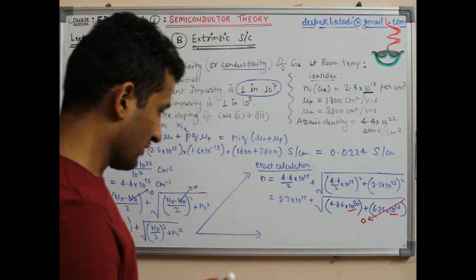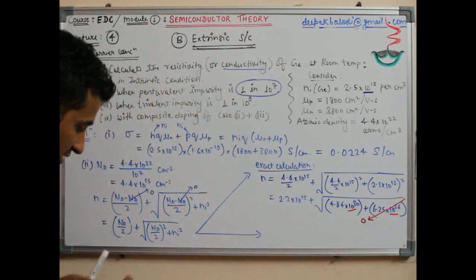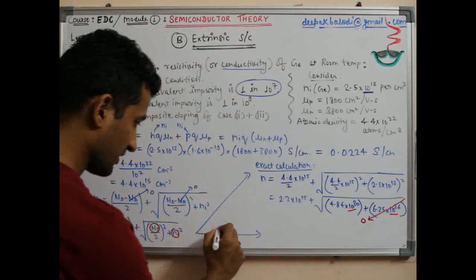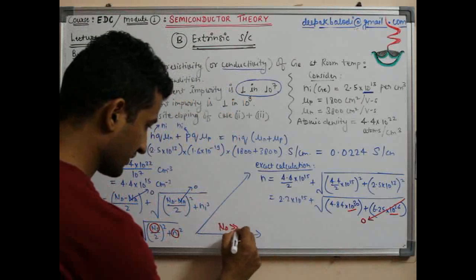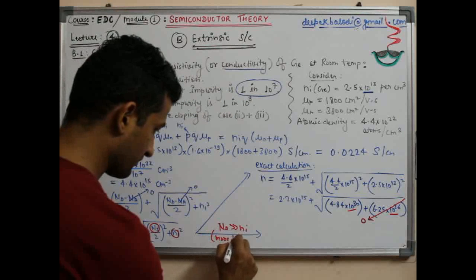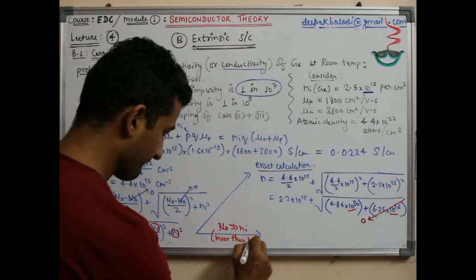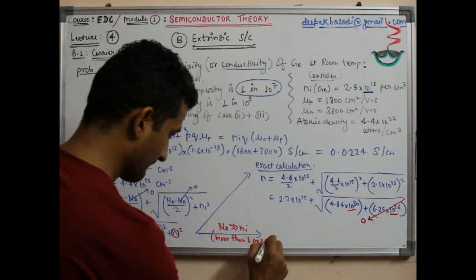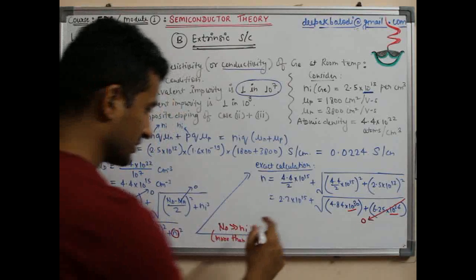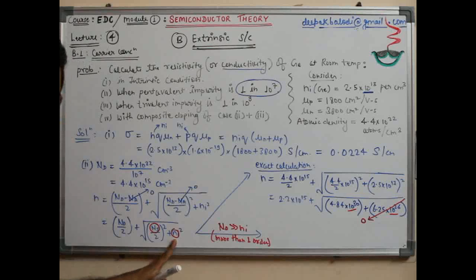So therefore from the very start we can expect that if Nd is greater than Ni by more than one order, then we could have said that Ni square could be neglected.